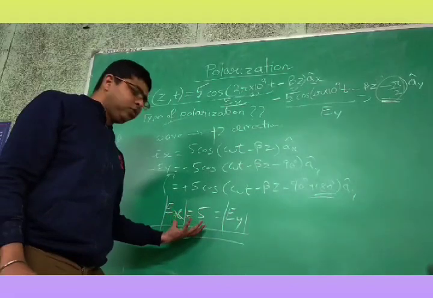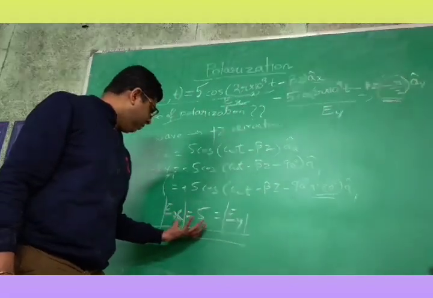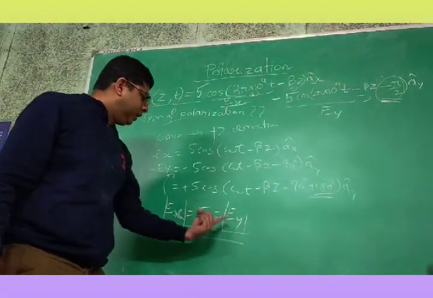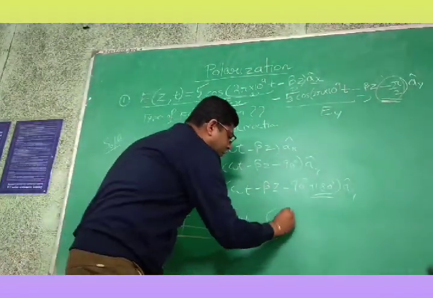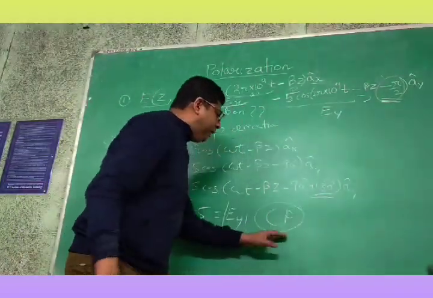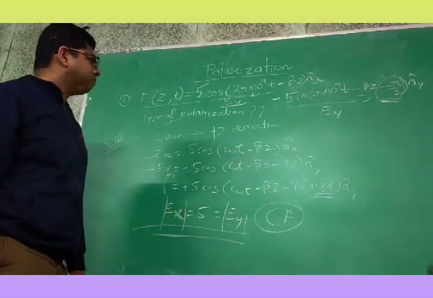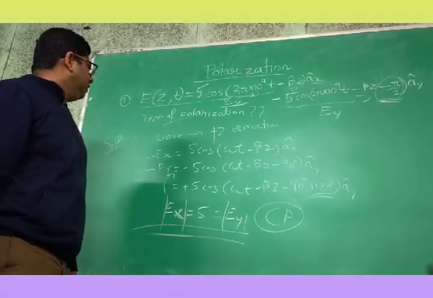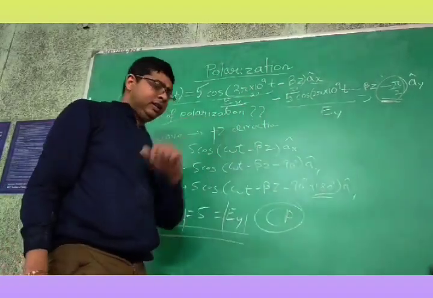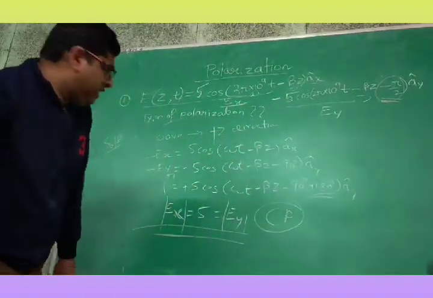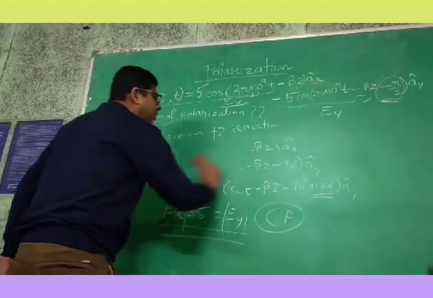Obviously it is circular polarization, because the magnitudes of the X component and the Y component are the same. So that is why this is circular polarization. This we can predict directly from the magnitude. Okay. Now let us predict whether it is left-handed or right-handed. So for that, directly we can do one thing.